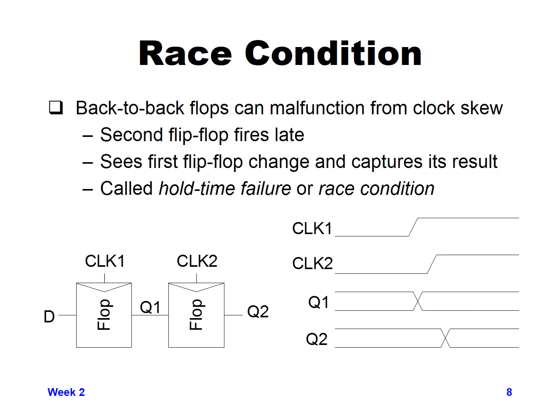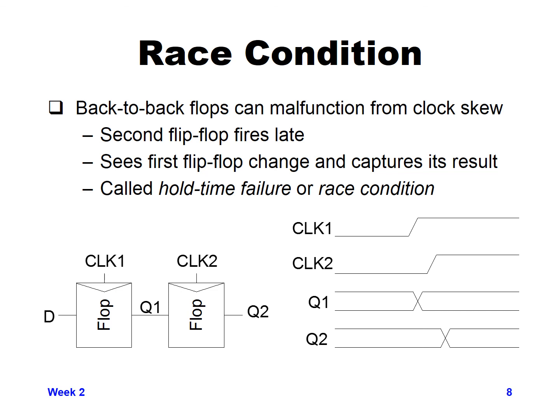So instead of D taking 2 cycles to get through to Q2, it goes through in a single cycle, and in effect we get what's called a race condition. D raced through Q1 and Q2 all on the same edge when it should have taken 2 clock edges to do it.